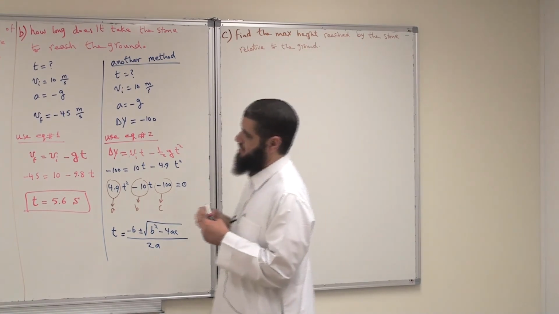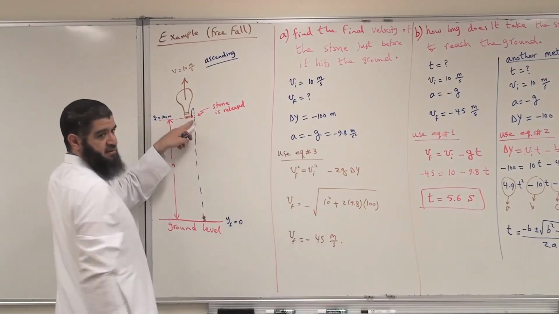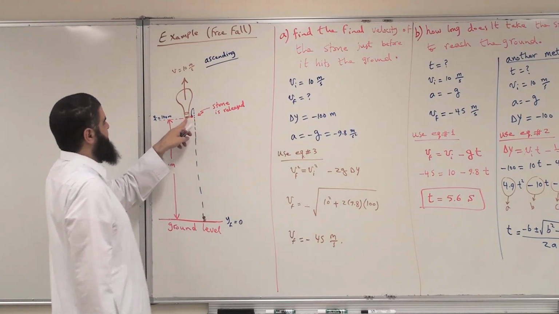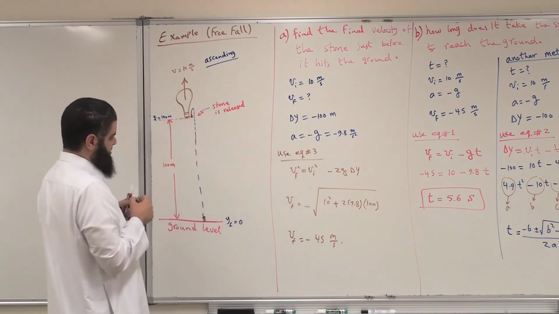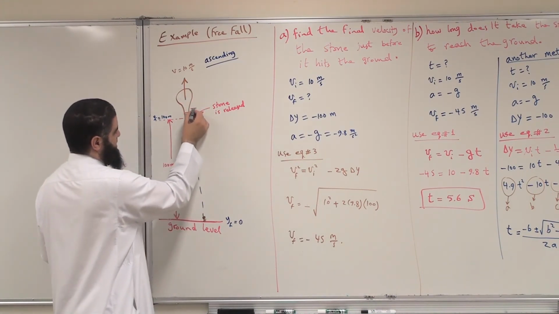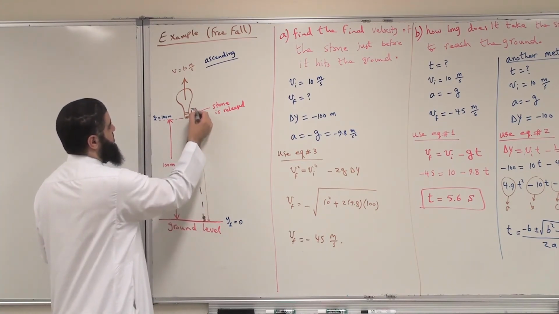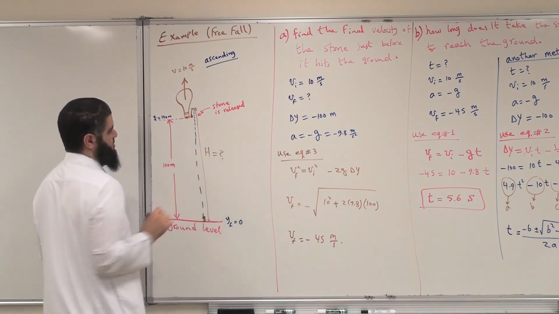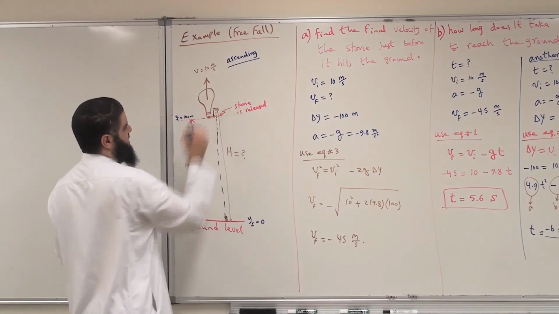As you can see here, the stone initially was at 100 meters when it was released from rest relative to the balloon. So it will go up. We would like to know this total distance or maximum height from the ground. We would like to know h equals how much. It will be 100 plus some delta y.